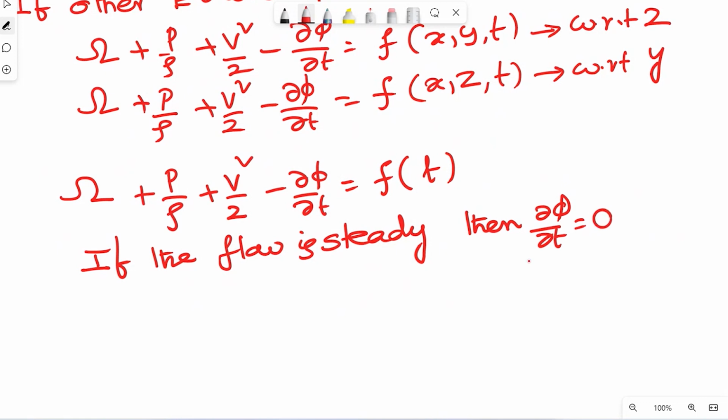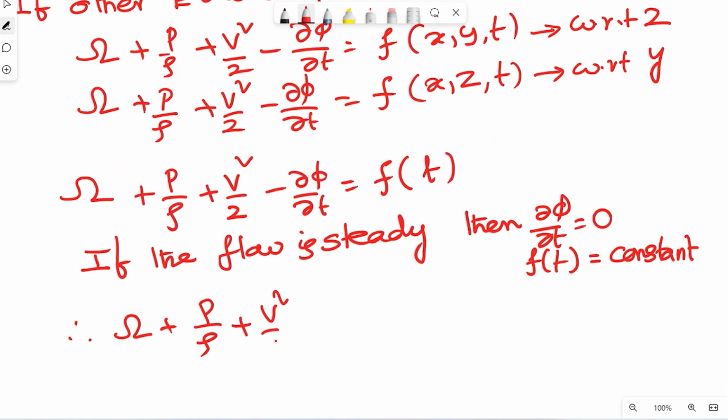At the same time, f(t) is also a constant. Therefore, Ω plus p/ρ plus V²/2 is equal to constant.